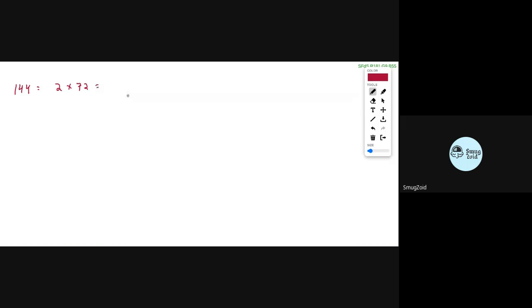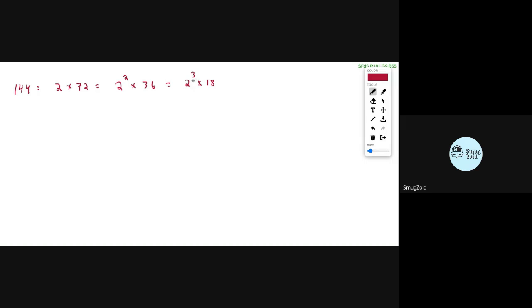Okay. And if I think I'm going to cut it in half again, I just do 2 squared, right? Because it's 2 times 2 times, what's the next number? 36, right? If I do the next number, it'd be 2 cubed times 18, because it's another 2 being added.